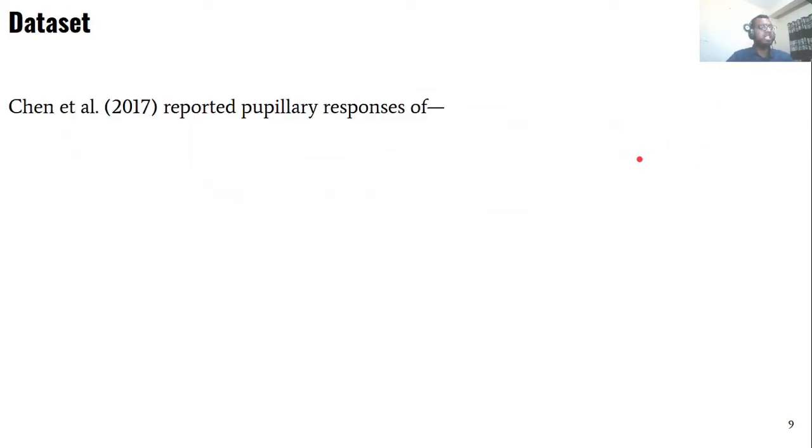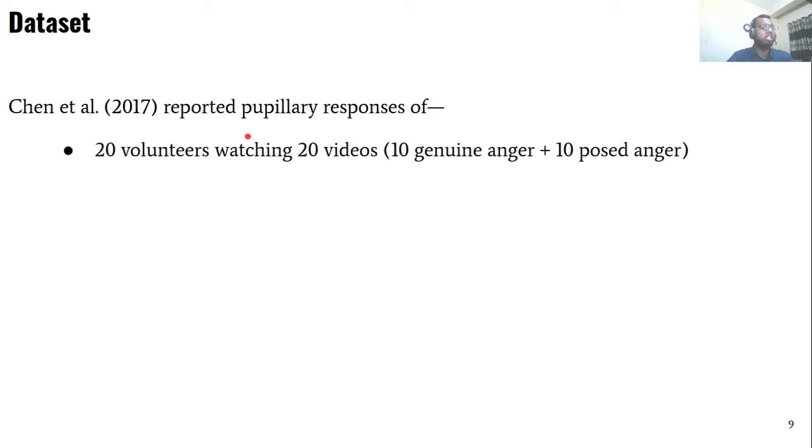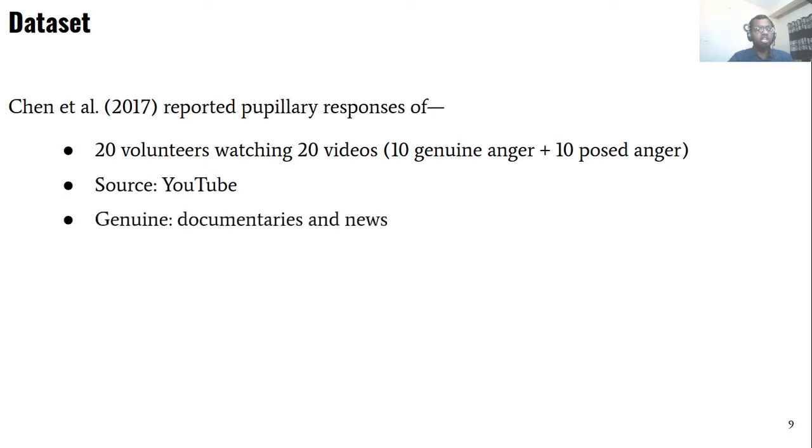Regarding the dataset, basically Sen and others reported the pupillary responses of 20 volunteers while they were watching 20 videos, and among those 20 videos there were 10 genuine anger and 10 posed anger. Now what are the sources? Of course YouTube, the great source of videos. Now one might ask, what are the ground truths?